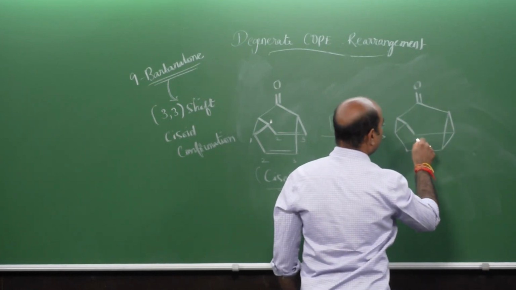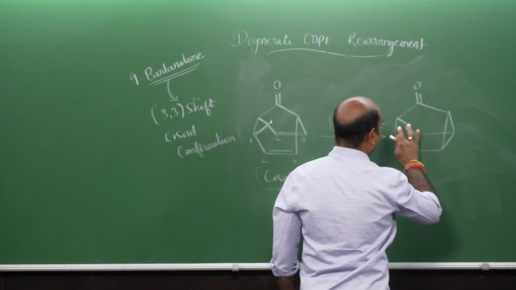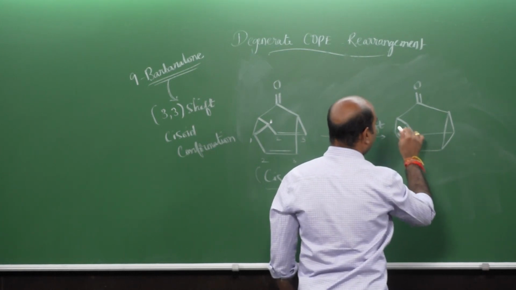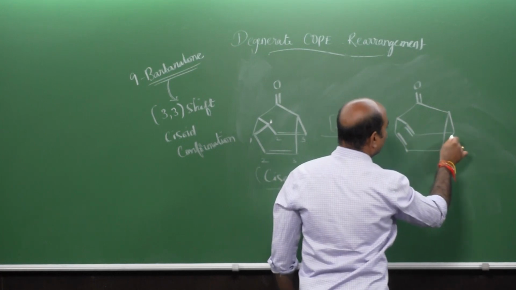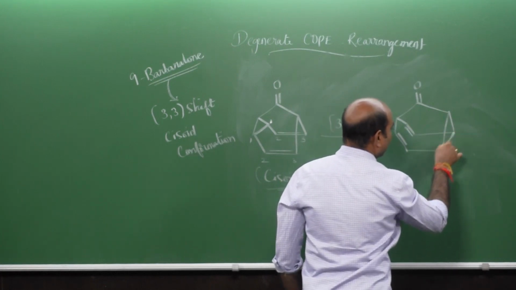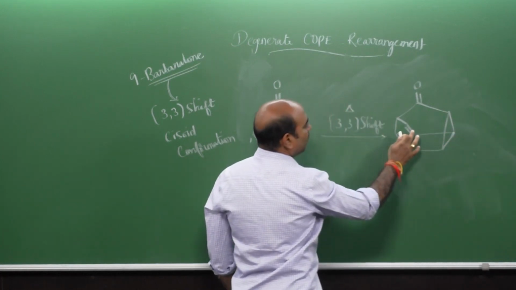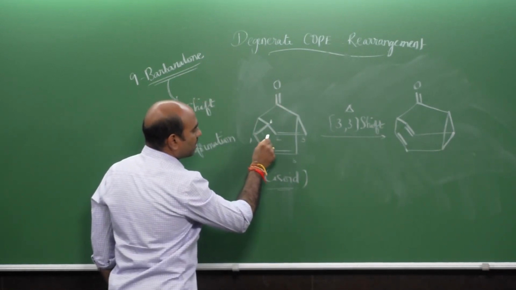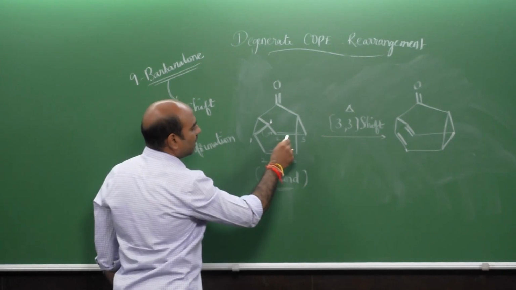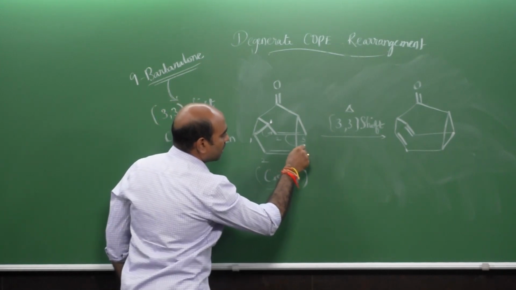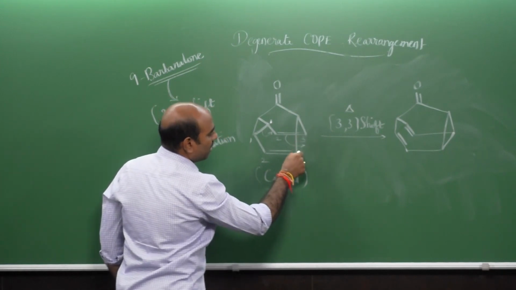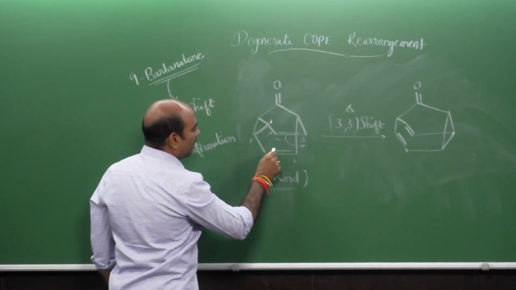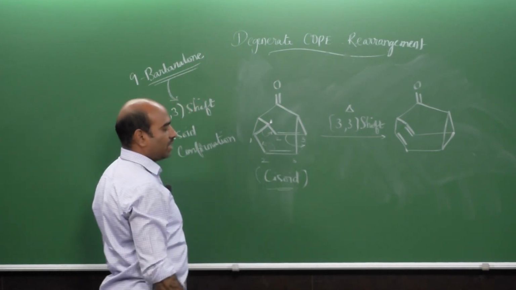So, now this sigma bond has migrated to this place and the double bonds have moved here, right. So, what is happening? This sigma bond is shifting over here and this pi bond is coming here as a sigma bond between the 3 and 3, and this one is migrating here.